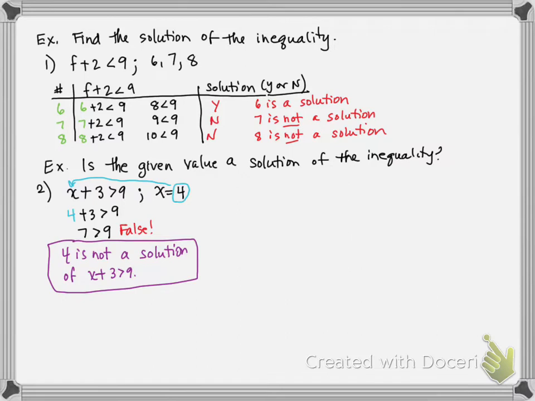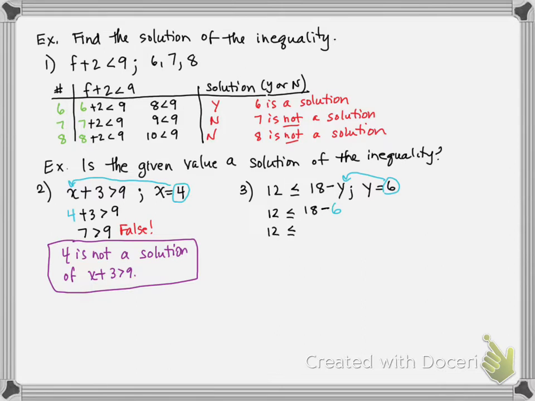All right, let's try another one. 12 is less than or equal to 18 minus y, and they're going to ask us to try 6 for y. So we're going to grab that 6 and we're going to substitute it in for y and see what we get. So 12 less than or equal to 18 minus 6. Okay, so let's see what we get.